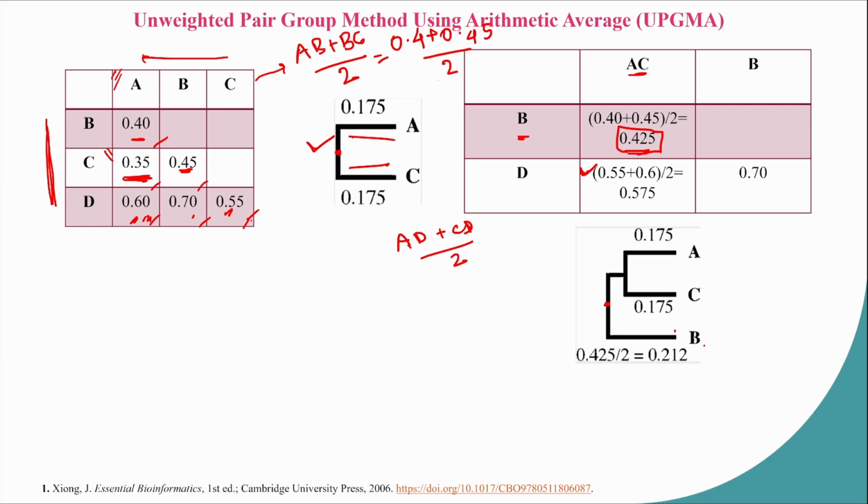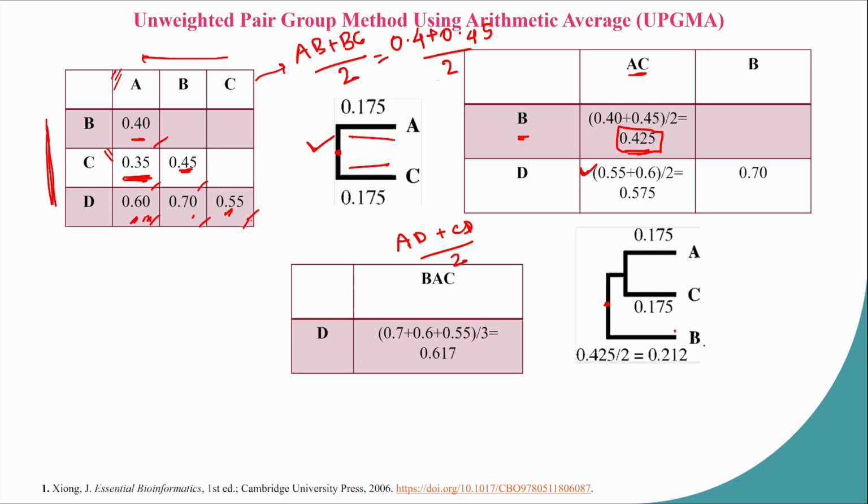Now in the next step, you have to combine B with AC. So you have to do something like this: BAC, and what will be the value of BAC with D? The value, of course, would be individual components against D in the original grid.